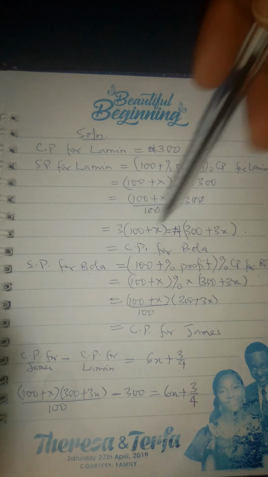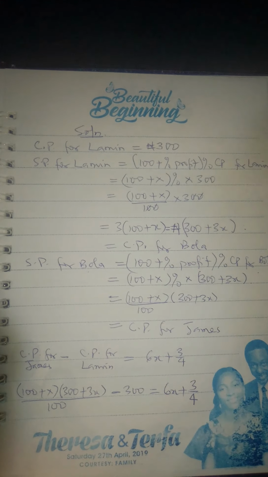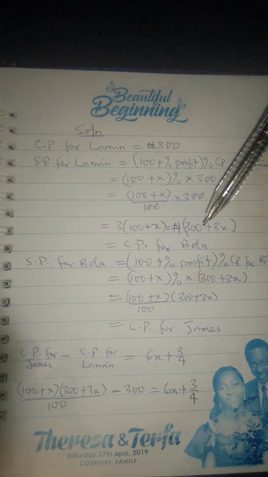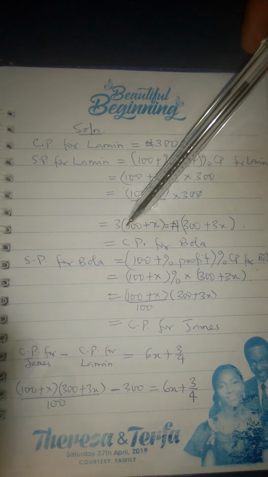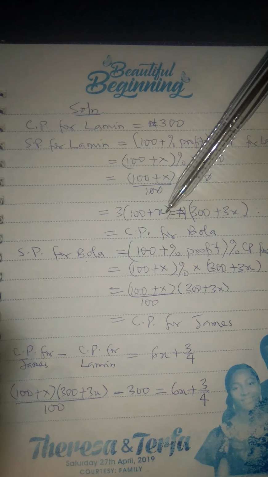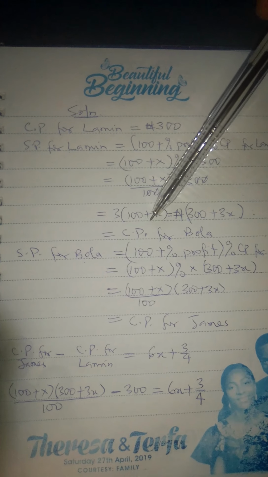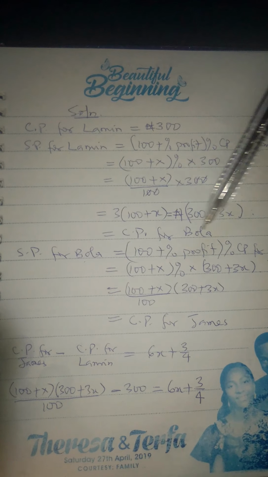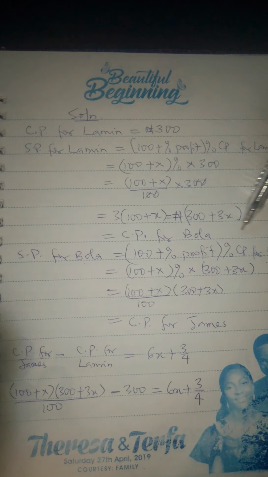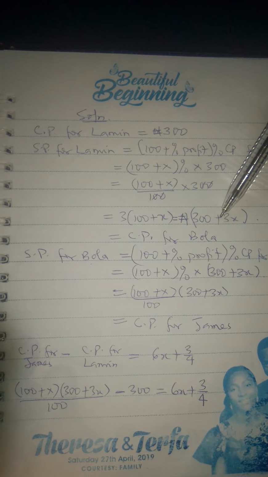This 0 will cancel this, this 0 will cancel this. Then you have 3 times (100 + x), which you use this 3 to multiply everything in the bracket. It will give you 3 times 100, which is 300, plus 3 times x, which is 3x. Put it in bracket like this. This is the selling price for Lami.